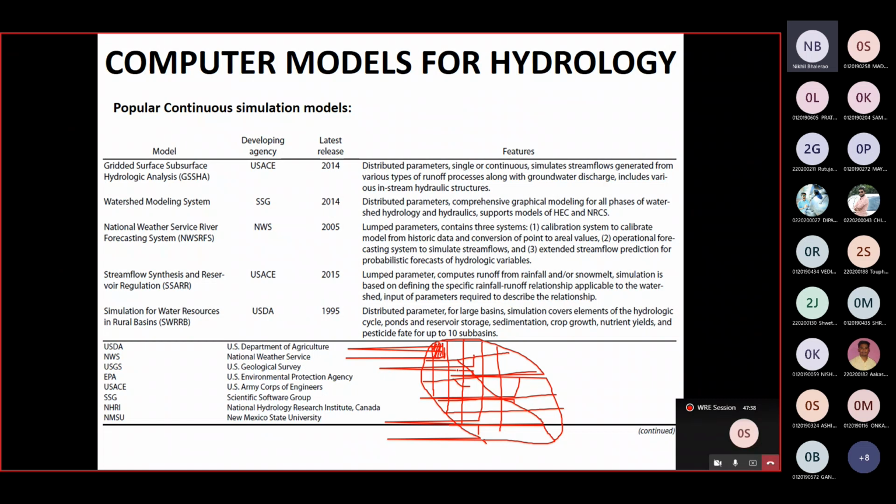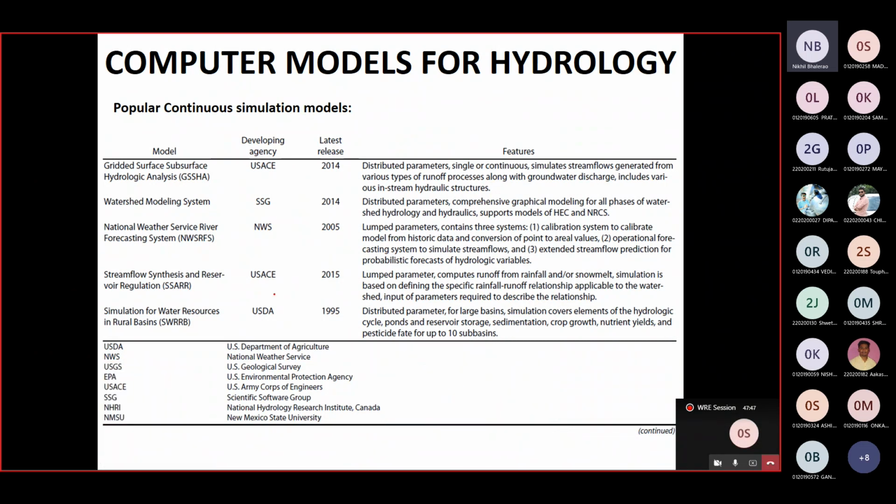That is the reason recently we are utilizing these fully gridded data, or we can say the fully distributed data sets, and this is the model which is called a gridded surface subsurface hydrological model. Here we are going to form the various grids, and in that we are going to develop the data sets.